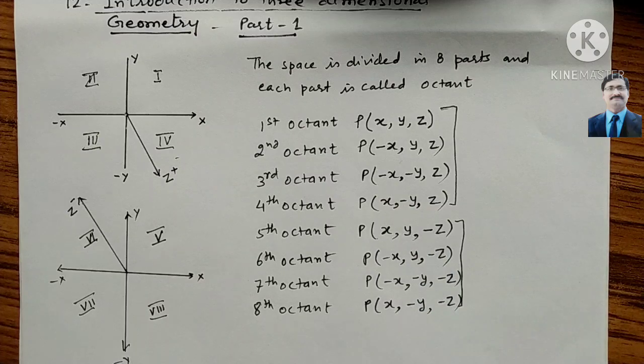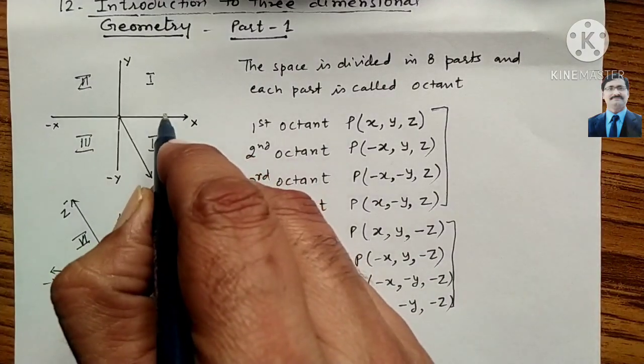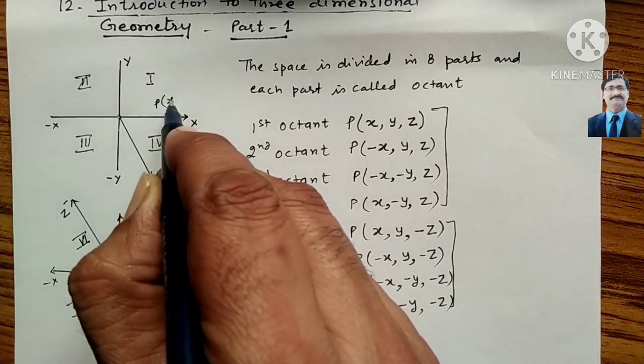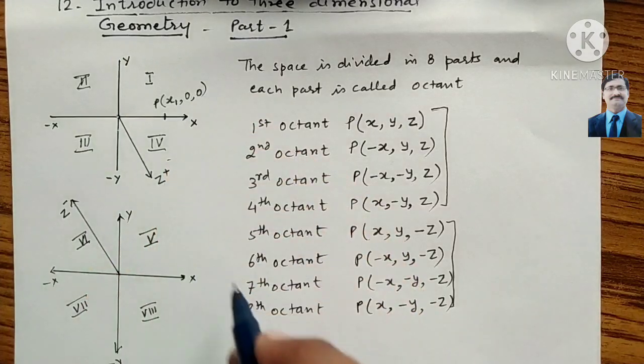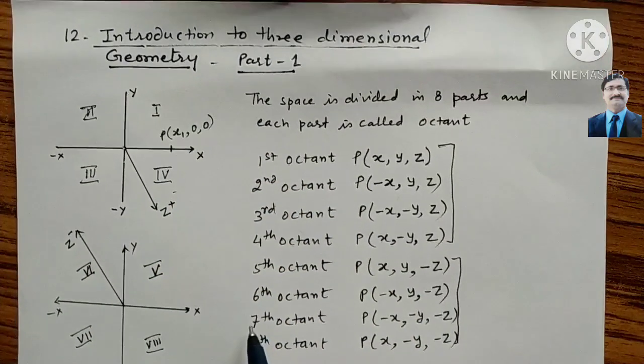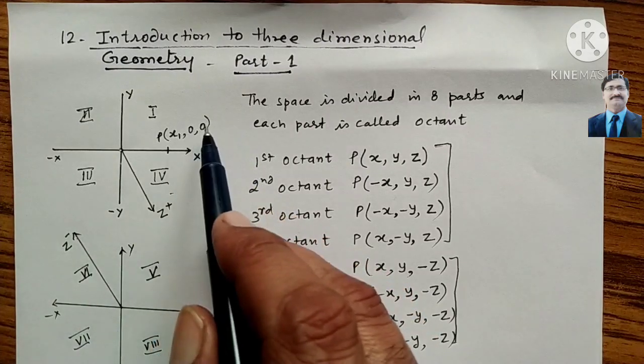Look here, for any point on the x-axis, you will have only the x coordinate, and the y and z coordinates will be 0. In three dimensions we have 3 coordinates, x, y, and z. So on the x-axis, y and z will be 0.